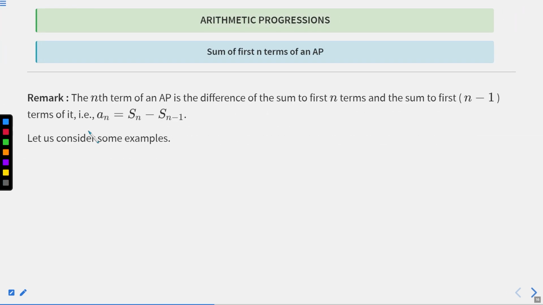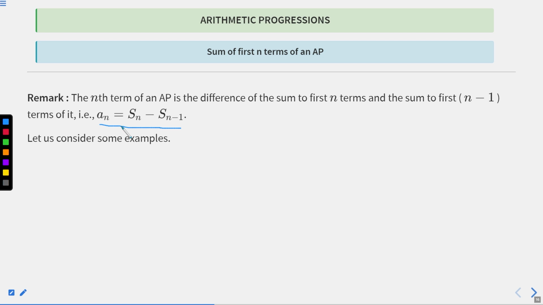Now one remark: the nth term of an AP is the difference of the sum to first n terms and the sum to first n minus 1 terms of it. That is, an is equal to Sn minus Sn minus 1.